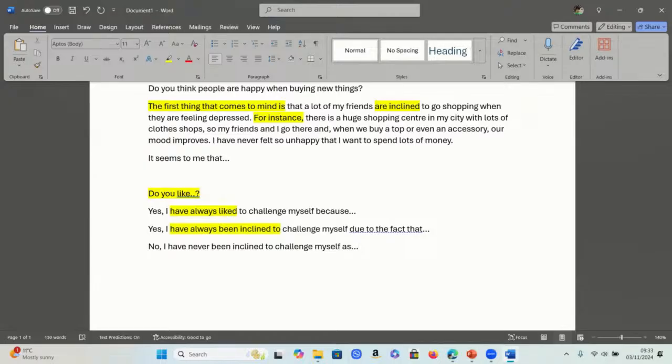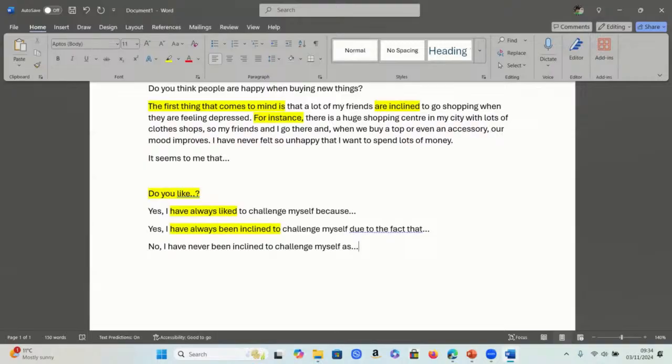So the first one, "Yes, I have always liked to challenge myself because..." it's fine. Why? Because it's a good start, since you've got present perfect. The next one, "Yes, I've always been inclined to challenge myself due to the fact that..." is better, because it's the same good start in grammar with present perfect. However, you've improved the vocabulary with "inclined to."